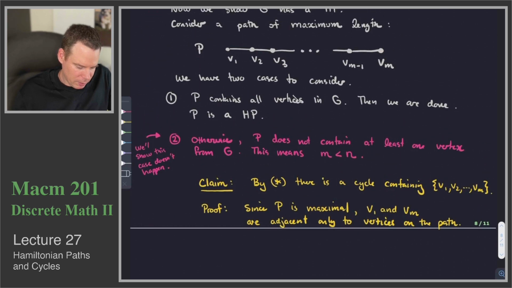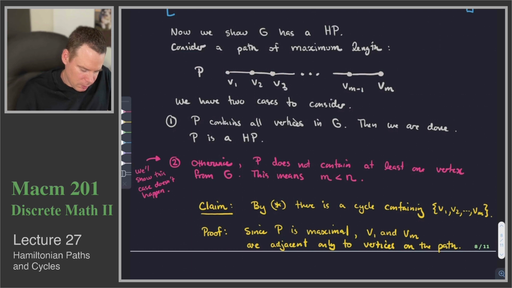So what this means, if we look back up at our path picture, is that any edge that's coming off of V1 has to connect back to some vertex on this path. Anything that's coming off vertex Vm has to connect back to vertices on this path. We can't have this connecting to some other vertex because otherwise we could extend the path and therefore it wouldn't have been one of maximum length.